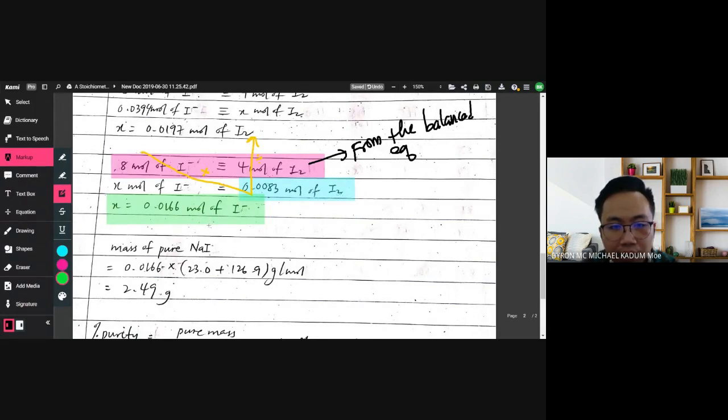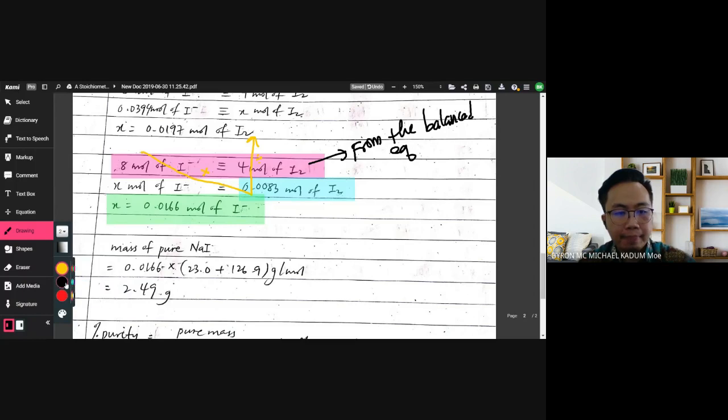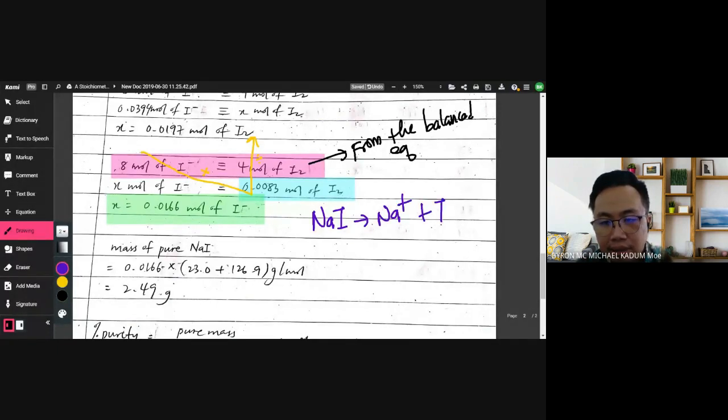Tukar dia pergi mass sebab kita tahu bahawa NaI ini menghasilkan Na plus tambah I minus.